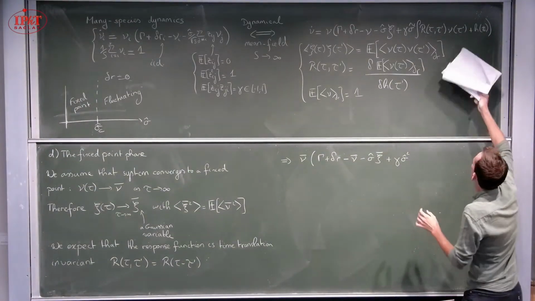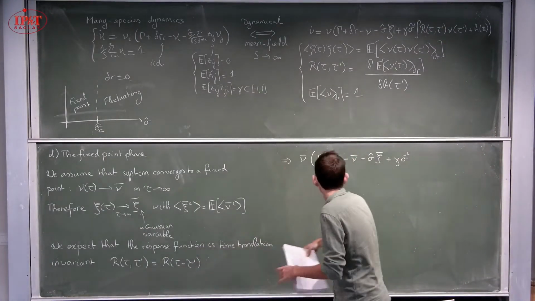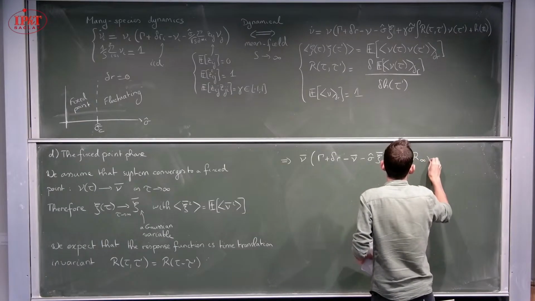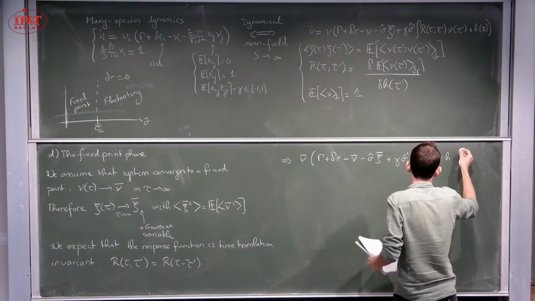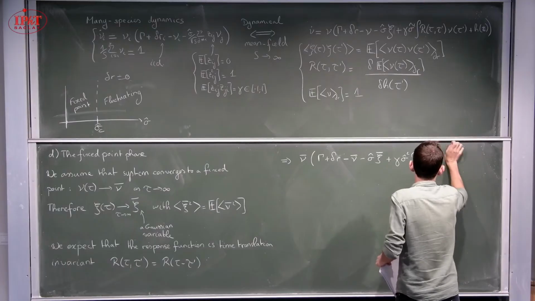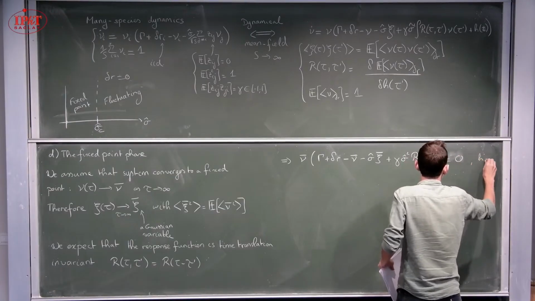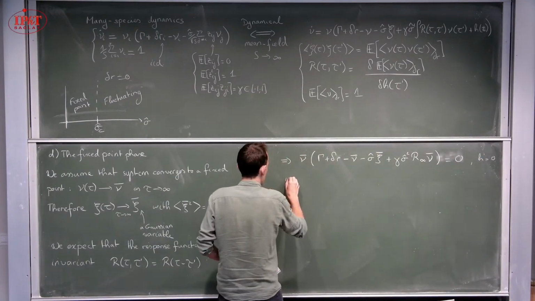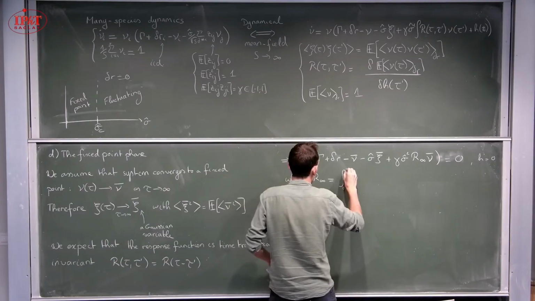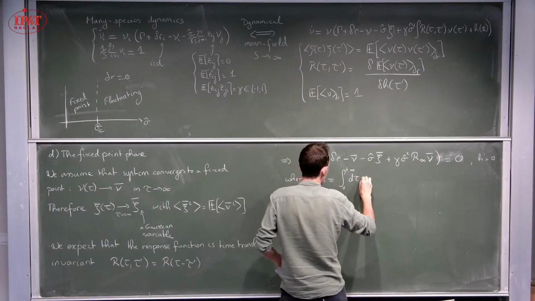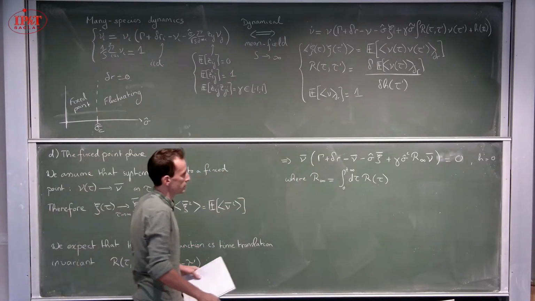So now if you replace nu by nu bar, what you get here is the integral from 0 to infinity of this R infinity nu bar plus H, with H equal to 0. Where R infinity is equal to the integral from 0 to plus infinity d tau r of tau, where now r is understood as the function in the time translation invariant regime.